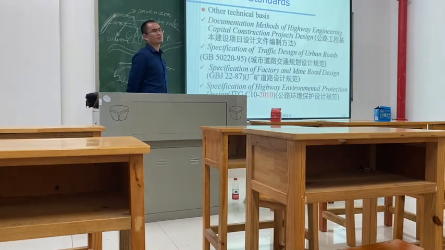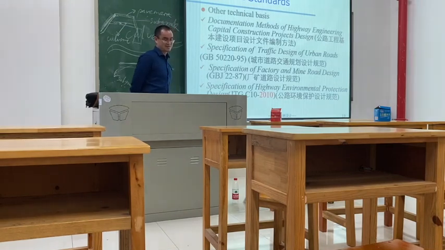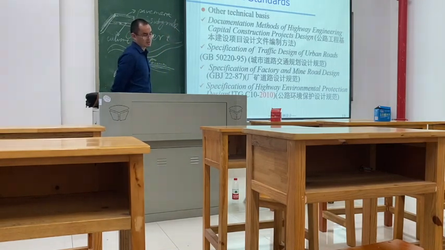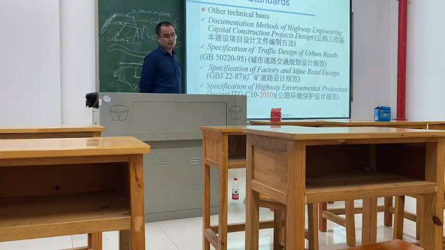It was distributed in 1987, so it's old. Specification of highway environmental protection design: the code is JTG B04-2010.